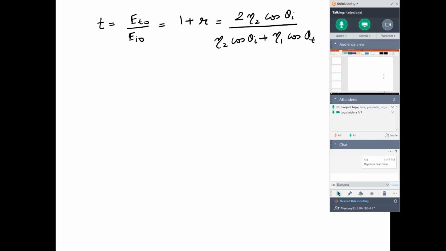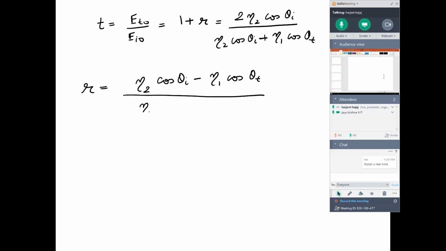Let's look at the reflection coefficient. My reflection coefficient r is going to be medium 2 property, η₂ in medium 2, cos θᵢ minus η₁ cos θₜ divided by η₂ cos θᵢ plus η₁ cos θₜ.